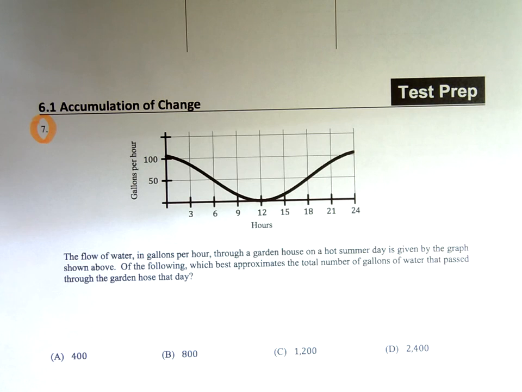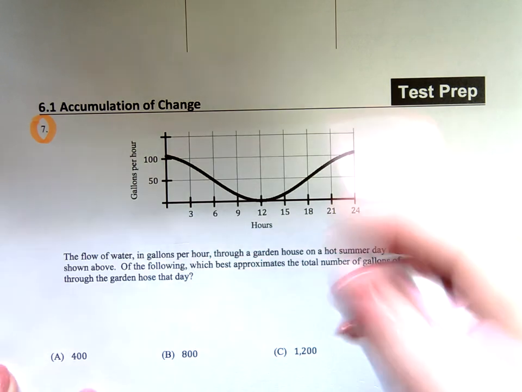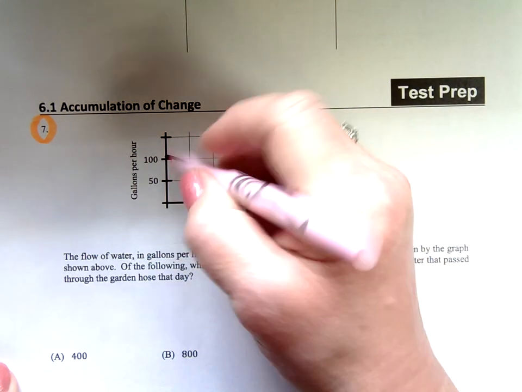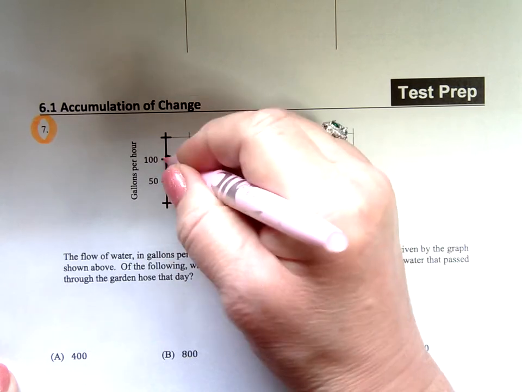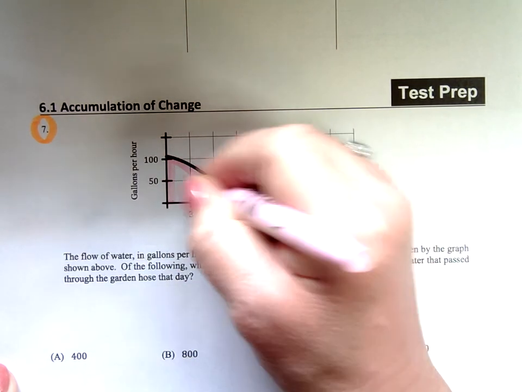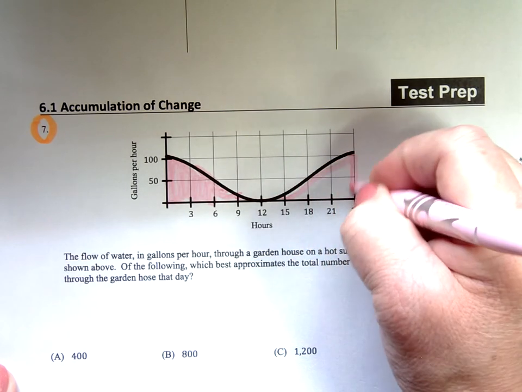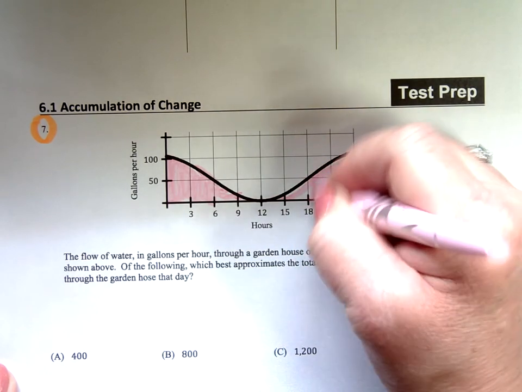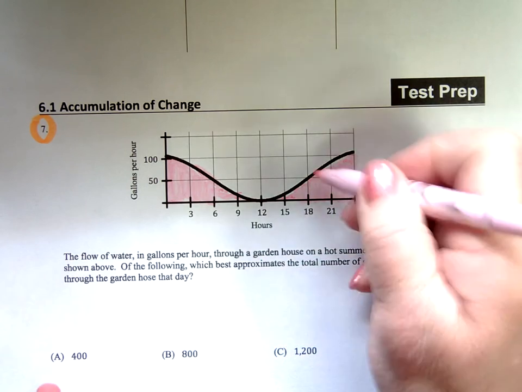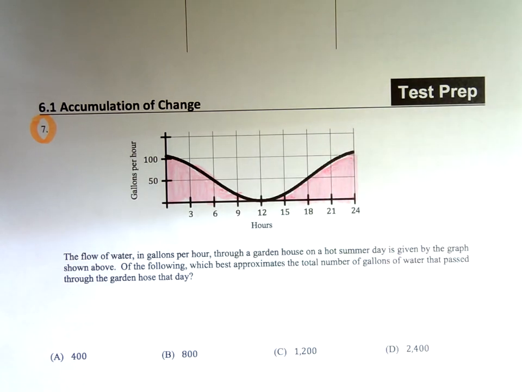So if I'm looking at the area under the curve, I'm going to highlight it. That area and this area. Okay. So in this particular case, I don't have geometric shapes, right?